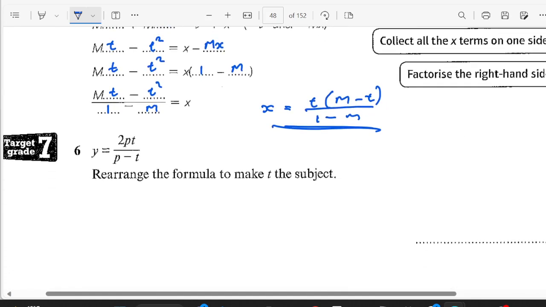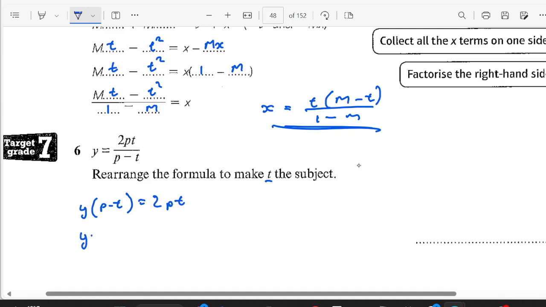And this is asking us to rearrange for ourselves with no scaffolding. So again, we're going to follow a similar process. I'm going to times through by p minus t to start with. So that would give me y times p minus t is going to be equal to 2pt. And then it's t that we're trying to make the subject. So I'm going to multiply out my brackets.